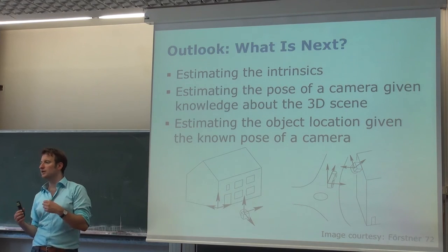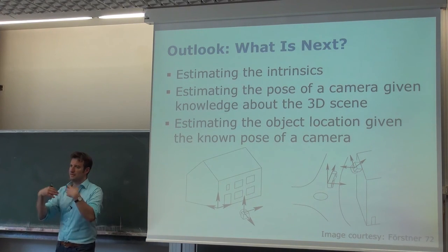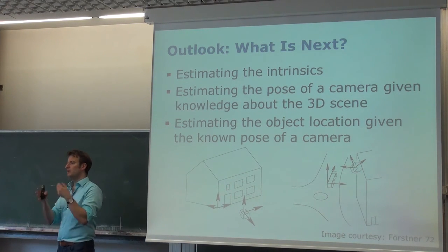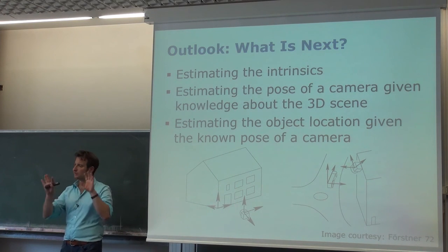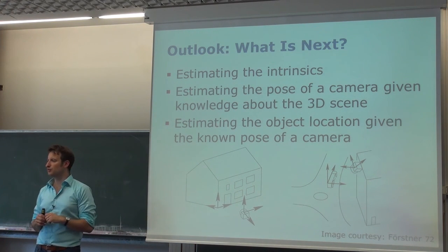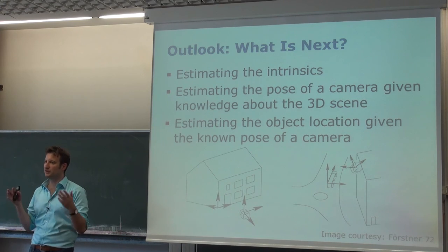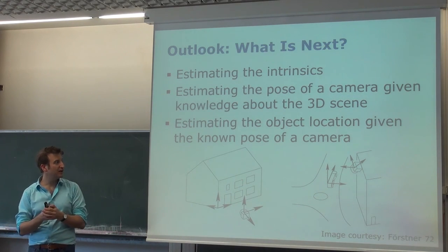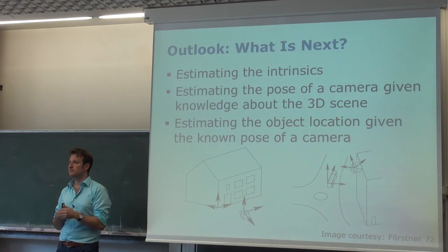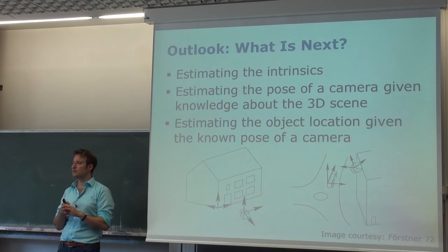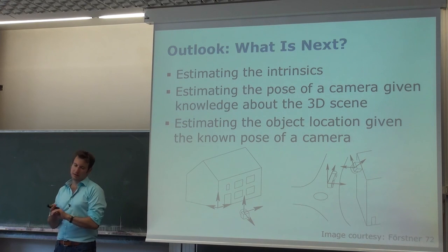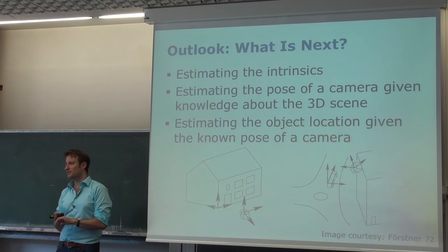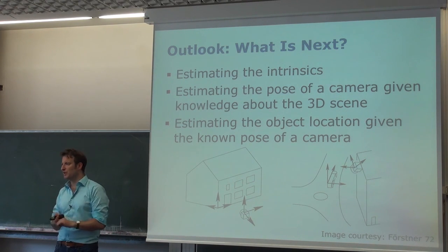We will start with putting known objects in the world, assuming we know something about them, and then see what we can get to know about the camera. This can be just the location of the camera and its orientation, but it can also be the intrinsic parameters. And with this, we will probably finish the Photogrammetry I course in 2 weeks.